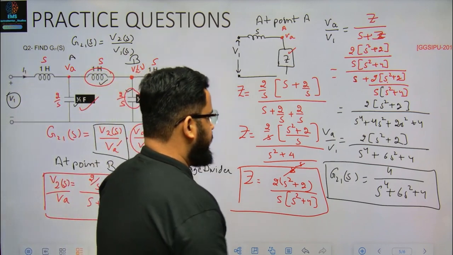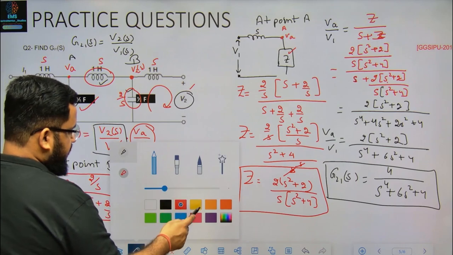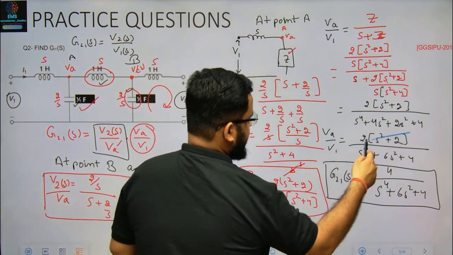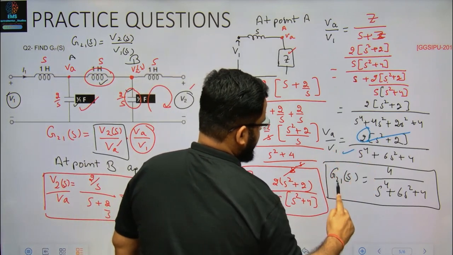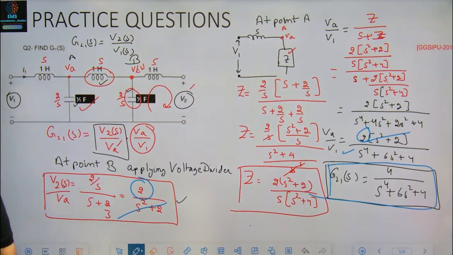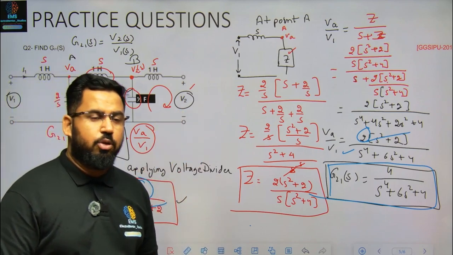I'll just mark it with some different colors so that you can take a screenshot of it. This and this get cancelled. 2 multiplied by 2 and the denominator remains same. You can just take a screenshot of it, go through it once, you'll be able to crack it.